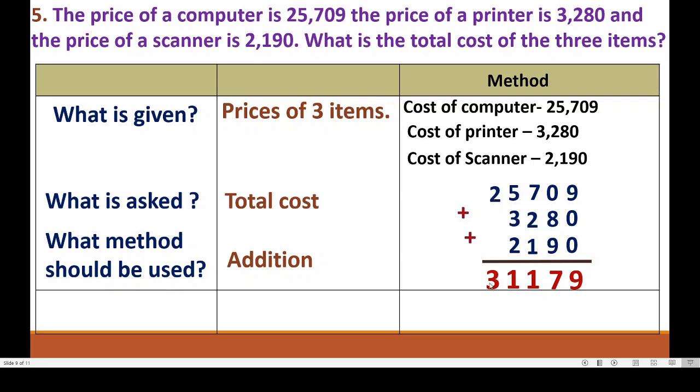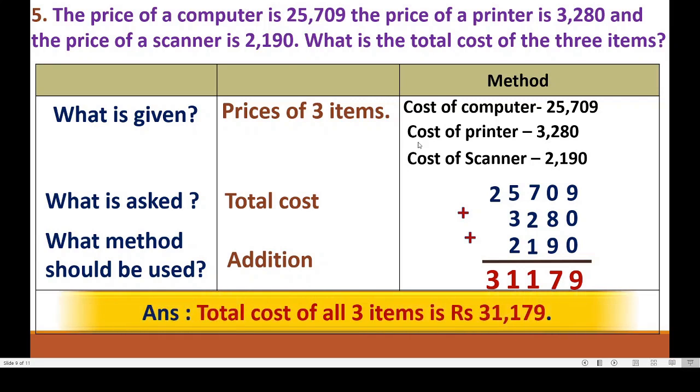Right? What is the total amount here? 31,179. Right? This is the total cost of 3 items. Right? We will write this answer.